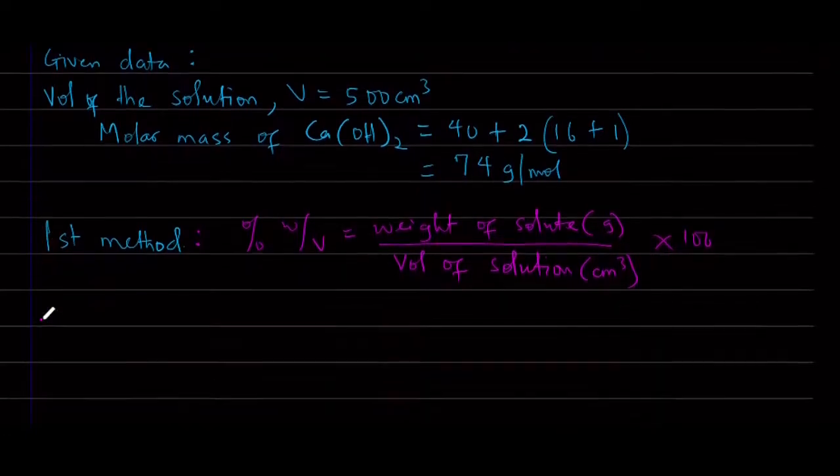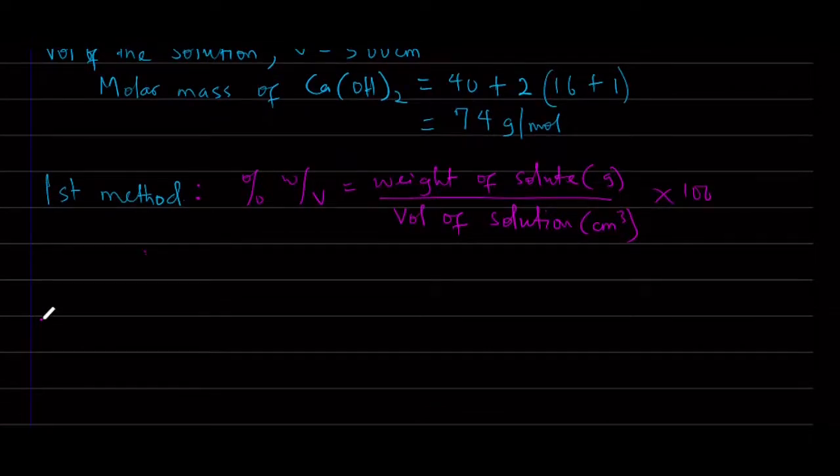We are given the percentage weight per volume as 5%. That's 5 is equal to the weight of the solute, we can say W, over the volume of solution given, 500, multiplied by 100. If we solve for it, the weight of the solute, which is also known as the mass of the solute, is 25 gram.